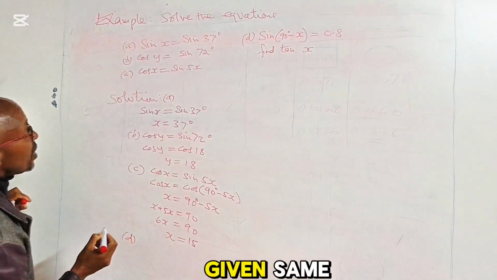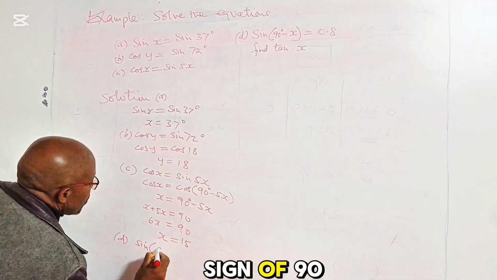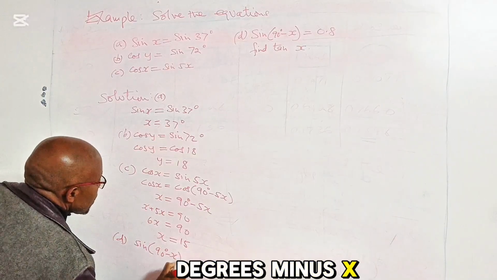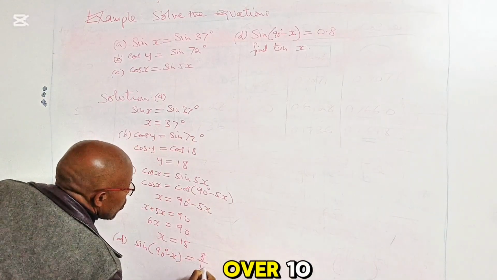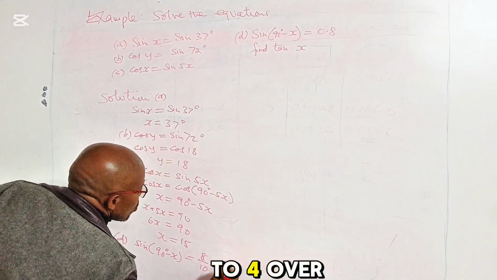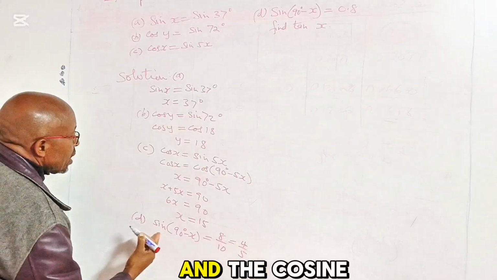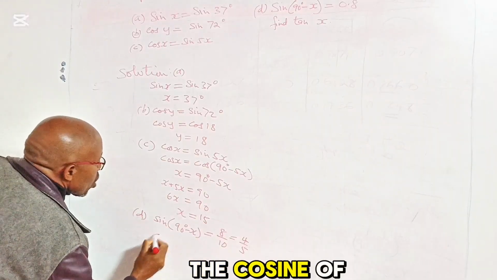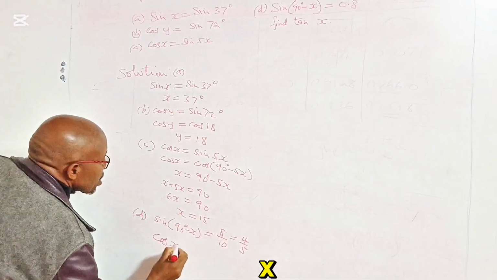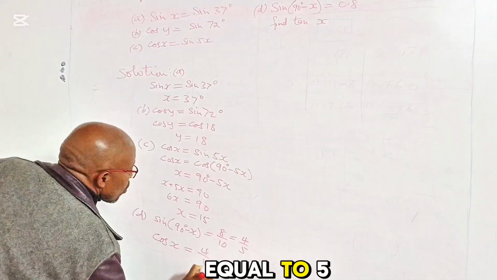Number D, we are given sine of (90 degrees minus x) is equal to 0.8, which is the same as 8 over 10. This is equal to 4 over 5. And the sine of (90 minus x) is the same as the cosine of x. So the cosine of x is equal to 4 over 5.